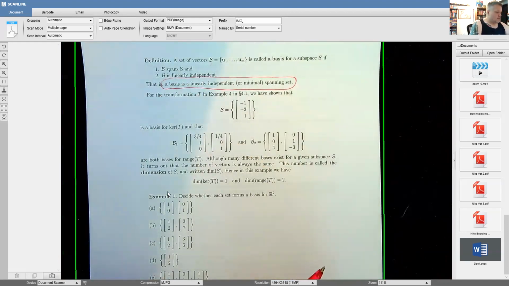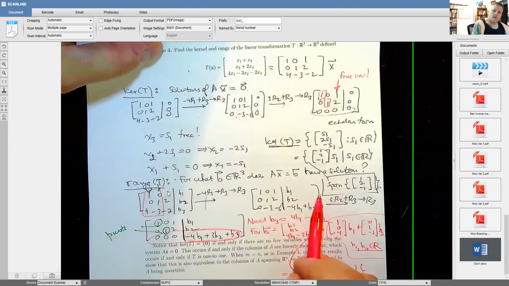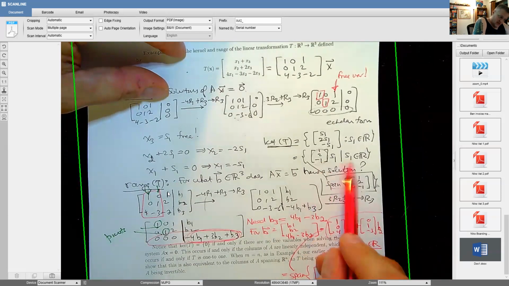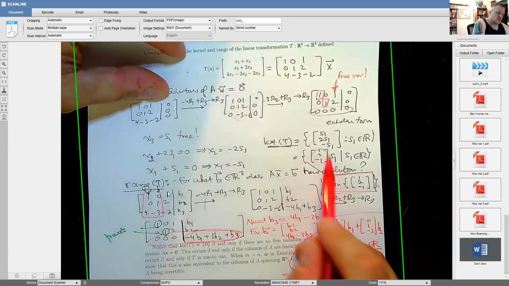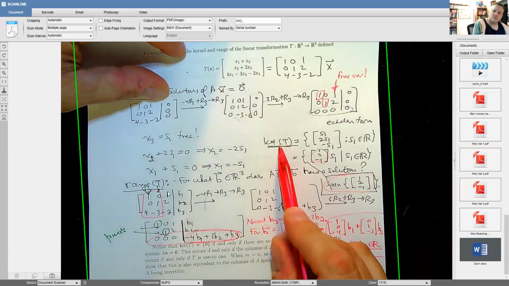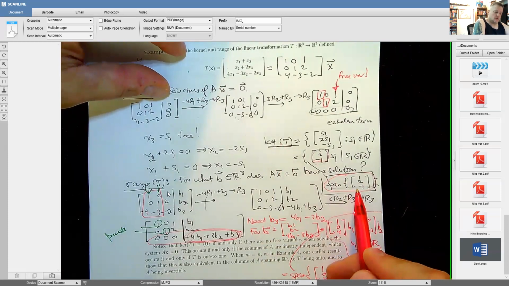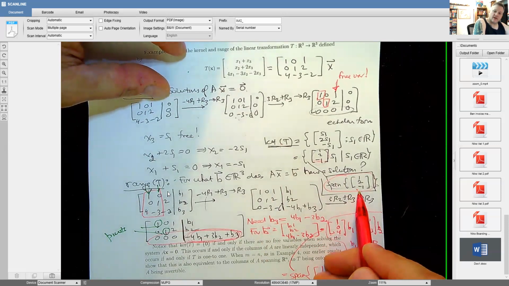All right, so back in our previous example, when we were looking at the kernel and whatnot, look at this. The reason we wrote it like this is so that we can actually see that guy. How many vectors do you need to produce that if you took the span? Well, we only needed this guy. So the basis for the kernel of T would be that vector alone, that singleton vector.